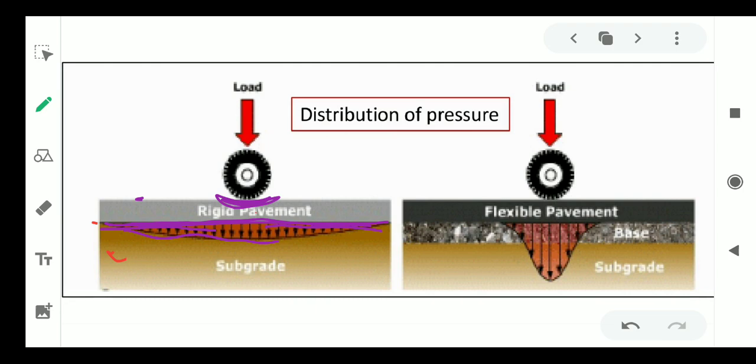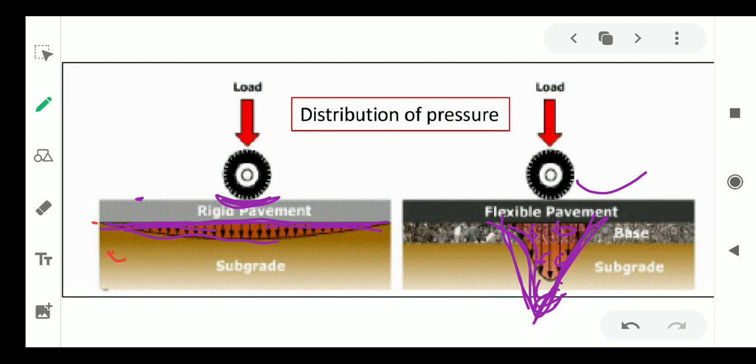But in case of the flexible pavement, suppose the load acts here, the intensity or pressure is distributed over a very small area, because the stresses are distributed through grain to grain. In this situation the load contact is spread over a small area and the intensity induced is very high.